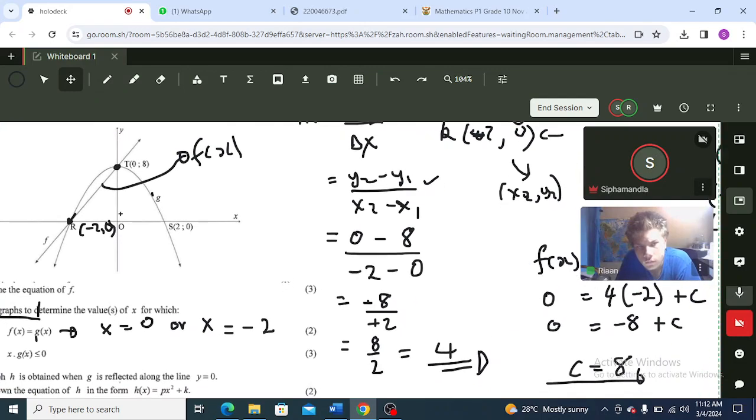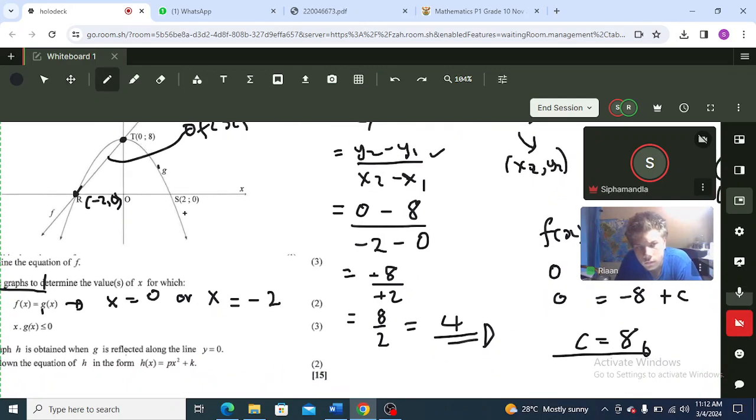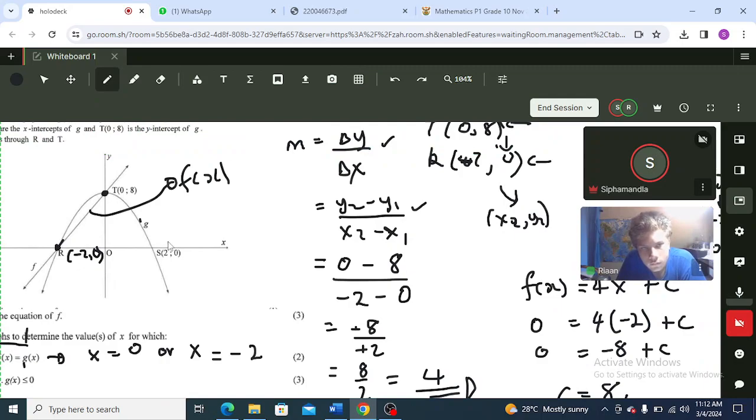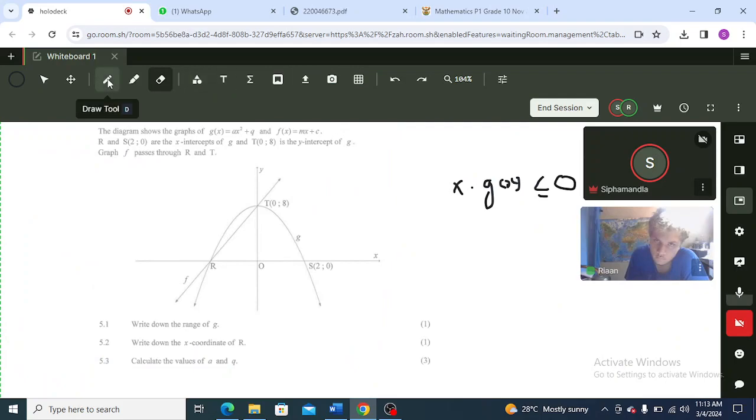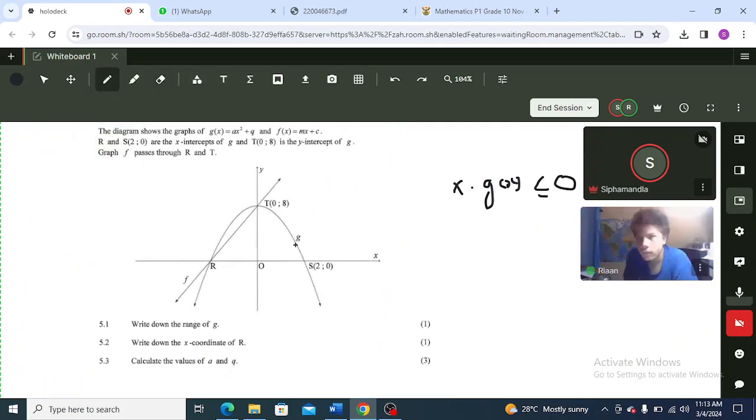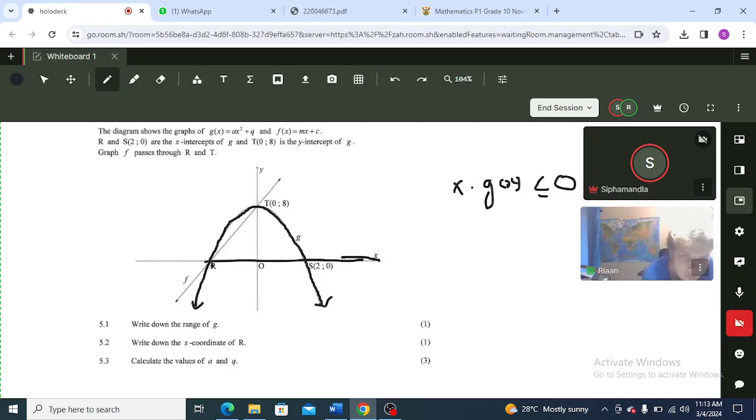So you have to go to the function, and we can see that this is f of x over here. For me to do this, where this is g of x, I'm multiplying this function with any values of x. So these are the values of x, and I'm getting the negative value.